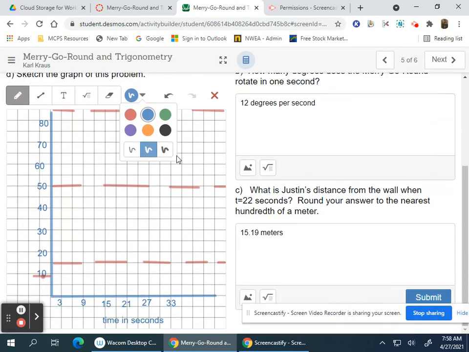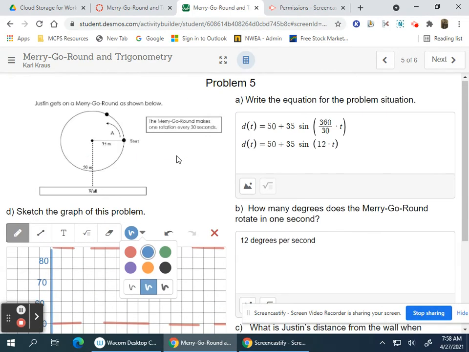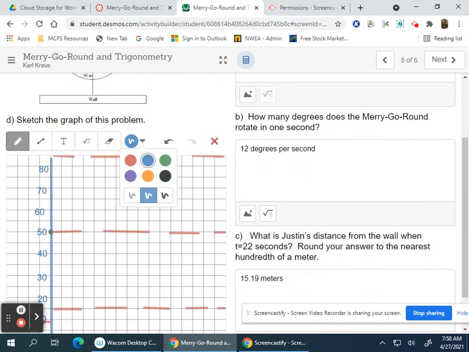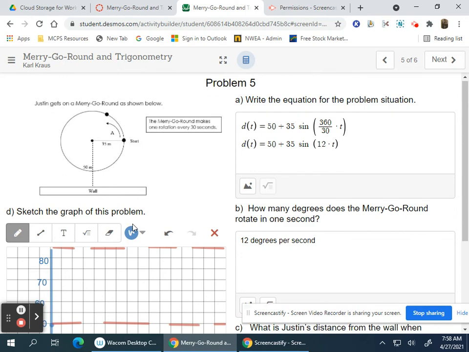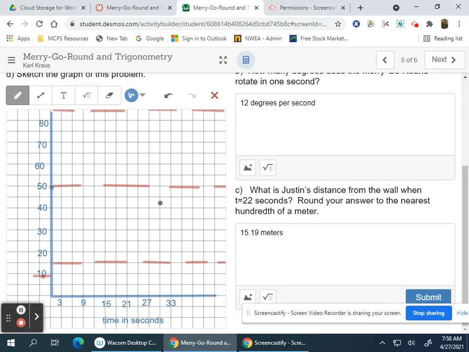And then the graph blue here. So 0, 50, and 30 seconds, 50, 15, 50, and then 7.5.